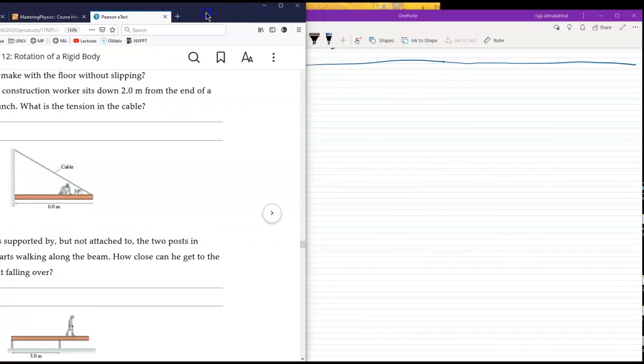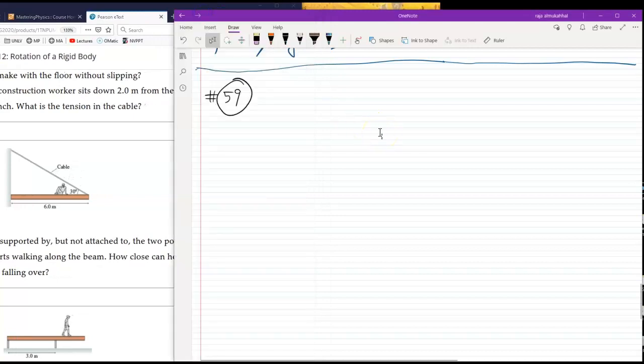Put it on the side like that. All right. So let me first draw the diagram for you. So here is the wall. Here is the beam right here. And then we have the cable.